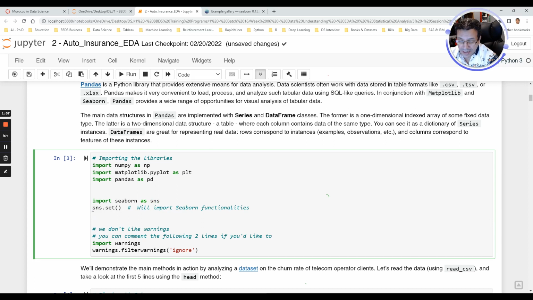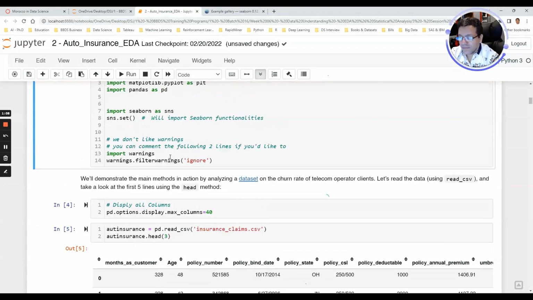By simply setting this line. Here we go.